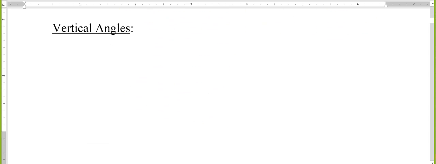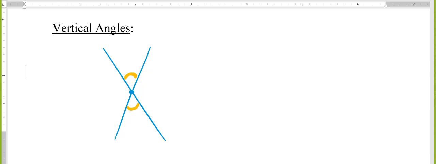What are vertical angles? What does the word vertical start with? A V. So when you're looking for vertical angles, you're looking for a V that are touching at the vertex. Watch this angle and this angle. Do you see how the V's are upside down? One is right side up, one is upside down. Those are called vertical angles.